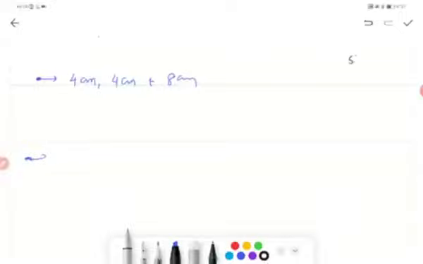Based on the sides, a triangle is classified into three types. First is the equilateral triangle, in which all the sides are equal. In an isosceles triangle, you have two sides equal.